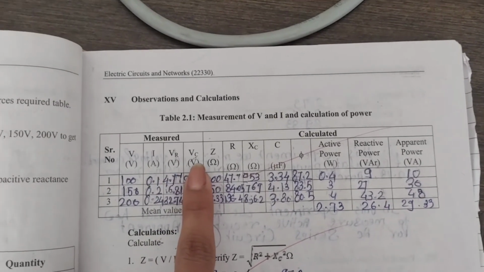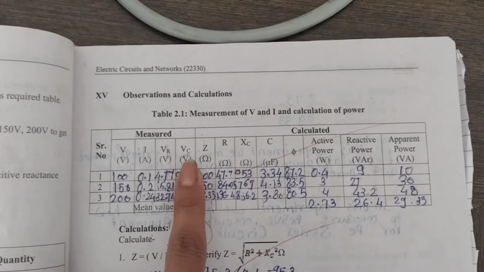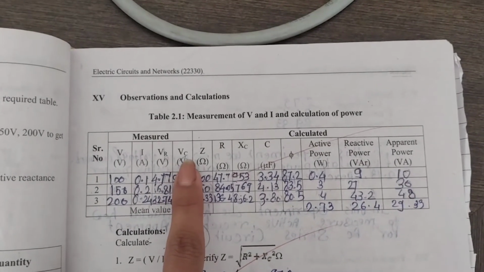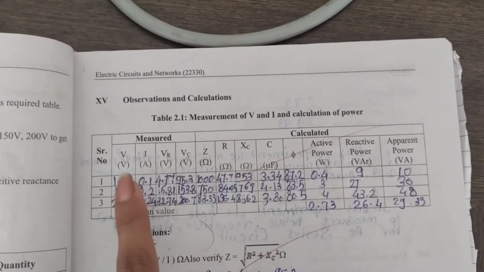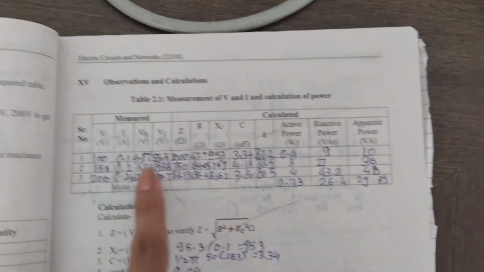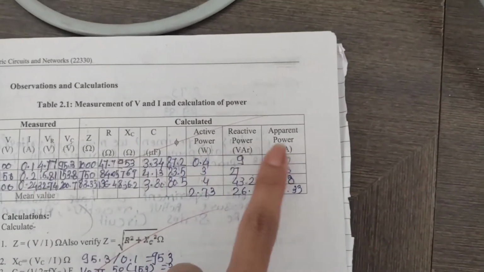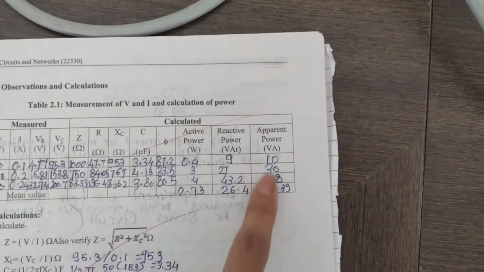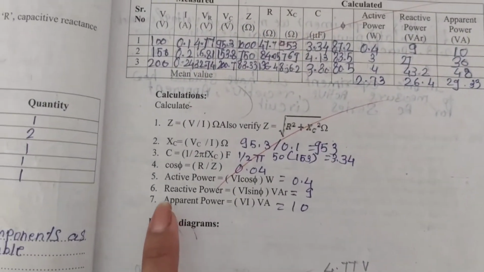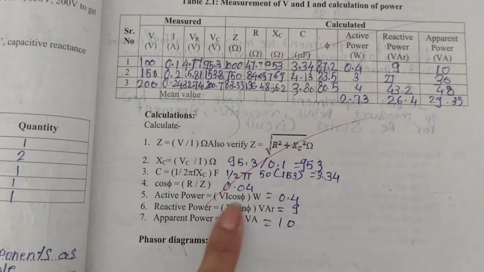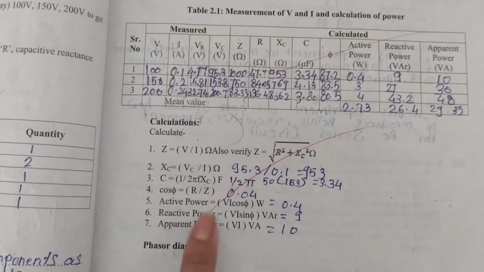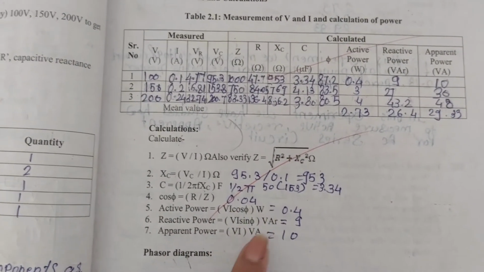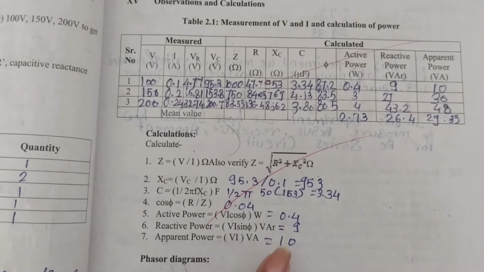Then VC, that is the voltage across the capacitor. This can also be measured with the help of a multimeter. From these values we can calculate the active, reactive and apparent power. This power can be calculated by using the following calculation. First, active power is VI cos phi, then reactive power is VI sin phi, and apparent power is VI.